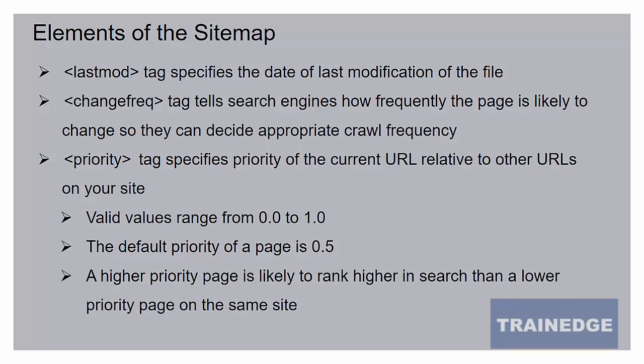If you give it a high priority, then Google thinks that page is more important. So if you have two pages which Google thinks are appropriate for the same keyword on your site, then the page with higher priority is more likely to show up higher in search results compared to the other page on your site, not compared to other pages on other sites.